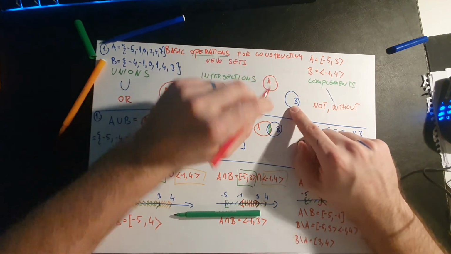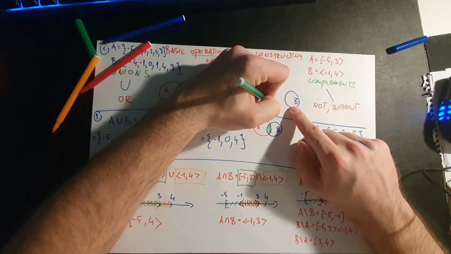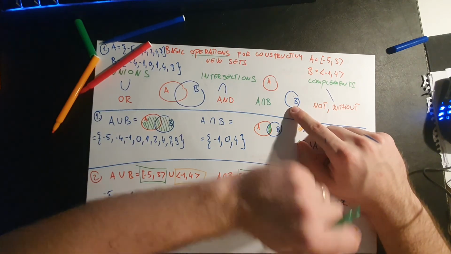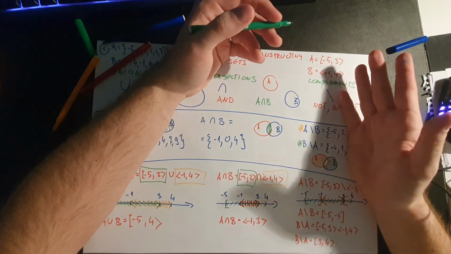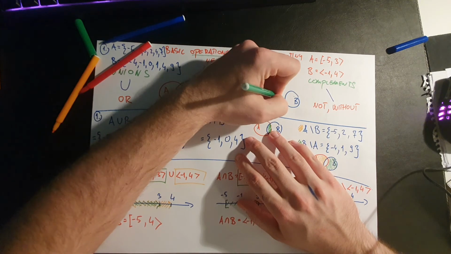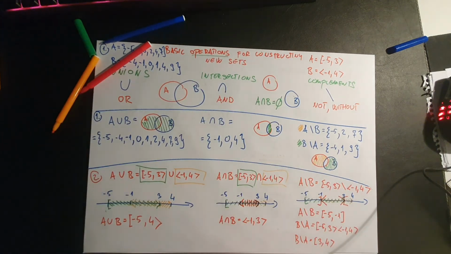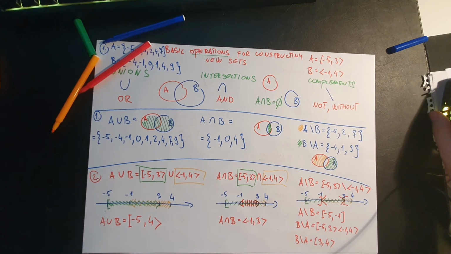Now intersection in this case is a pickle, because the result is nothing. You don't have anything. And this is a specific set in mathematics. This is the zero set. We're going to have the name for it a little bit later.